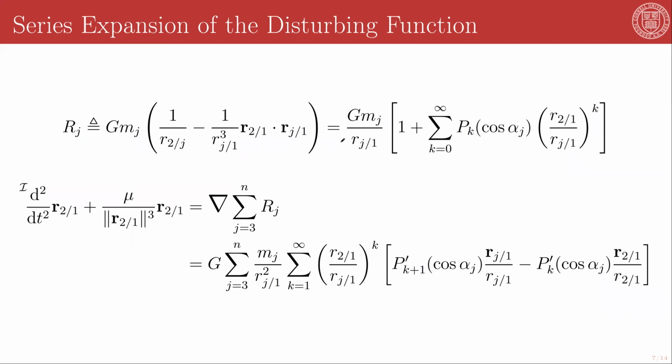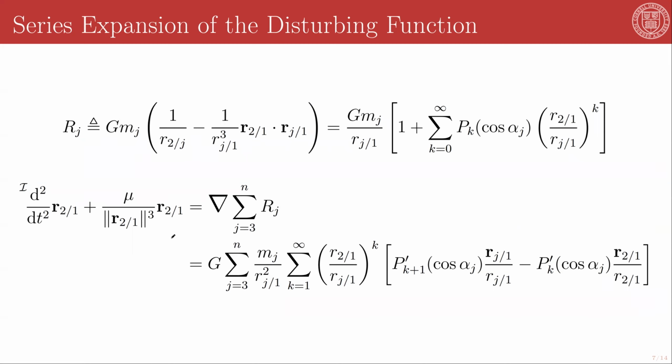This is equal to G m_j over scalar r_j/1 times 1 plus the infinite sum from k equals 0 to infinity of the kth Legendre polynomial, whose argument is cosine of α_j, which we've called ν_j, times r_2/1 over r_j/1, which we've called x_j, to the kth power.